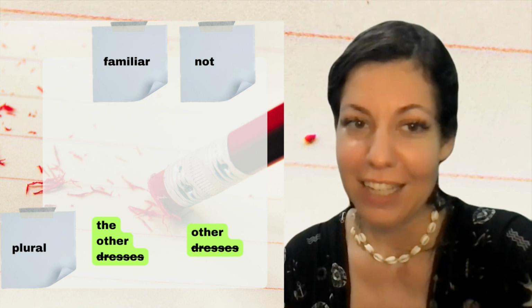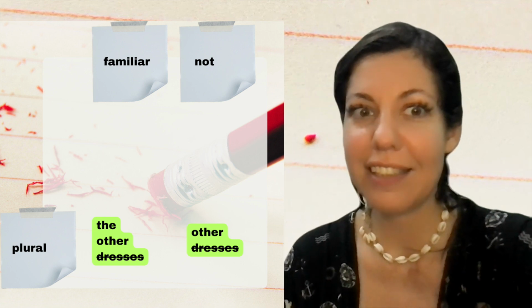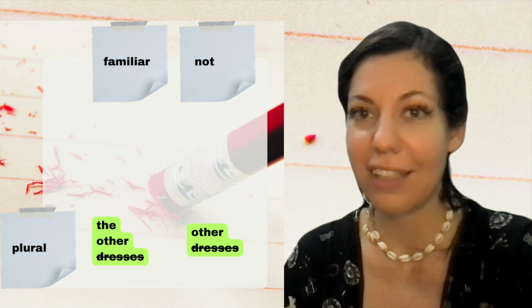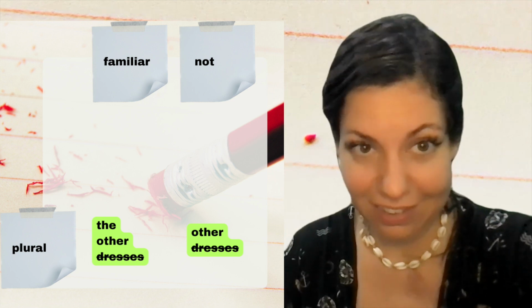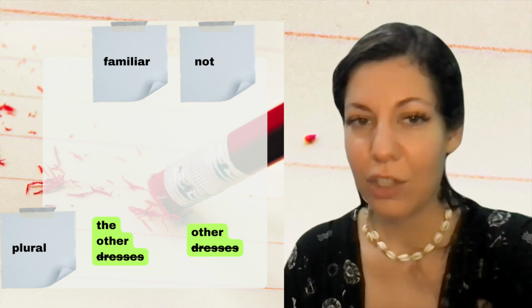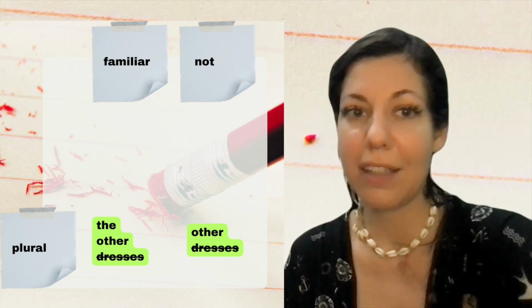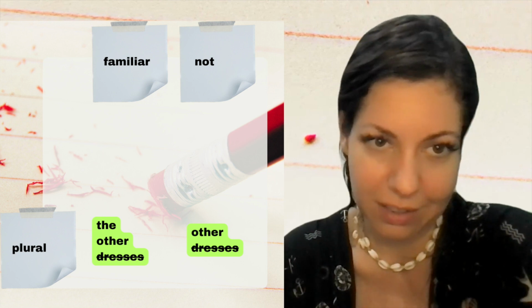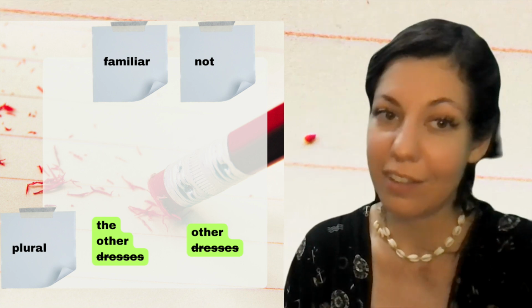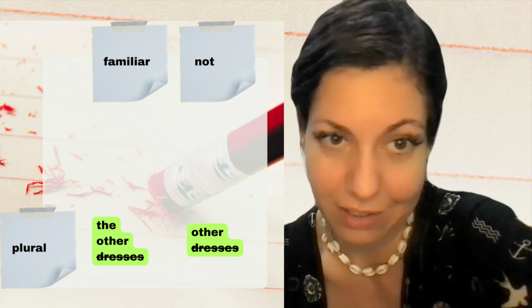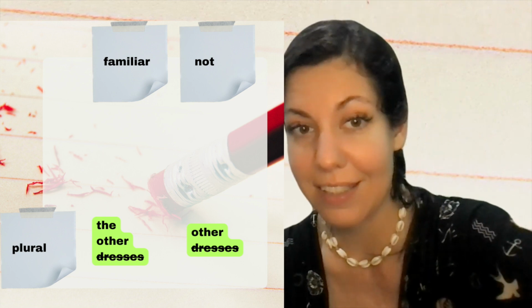All right. So the thing is that sometimes you can use another, the other, without a noun that follows. So you can say, give me another car, or give me another, if everybody understands that you speak about the car. Or if I don't hire this guy, I hire the other. All right, everybody understands.